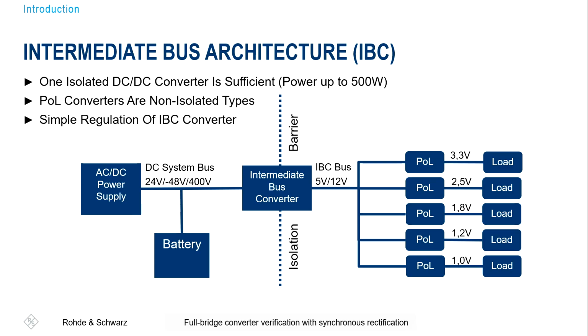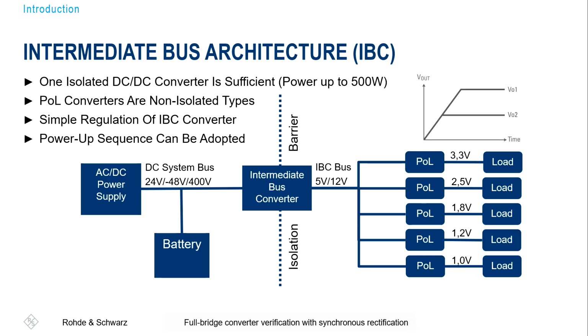Furthermore, don't forget that we need also a power-up sequence for these new digital circuits or processors. That can also be easily included in that system. So this waveform here should be common to you, that we have a certain power-up sequence for the digital processors.